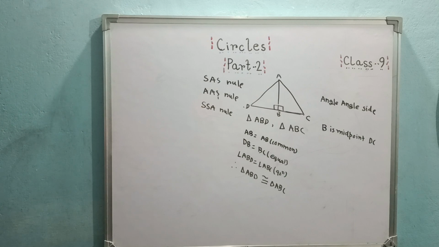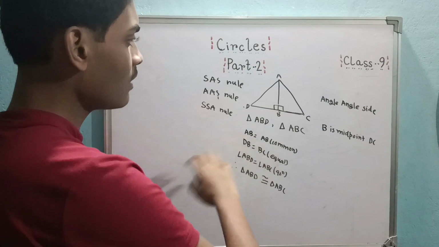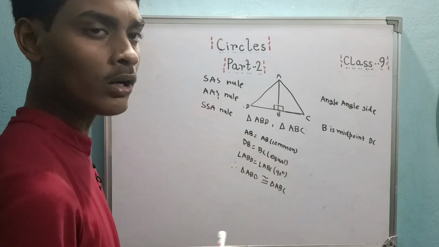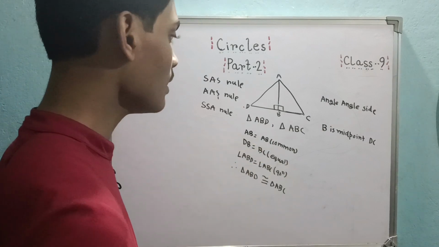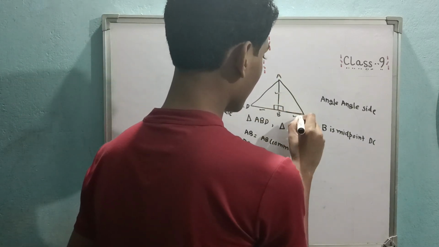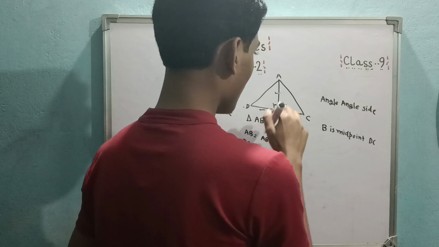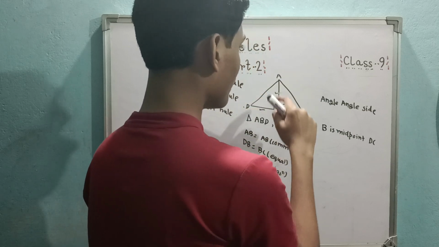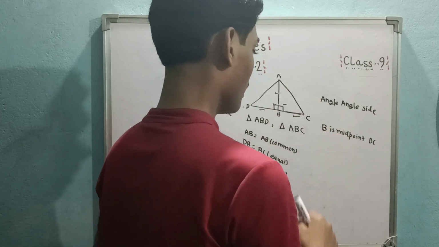And one more thing, if you have proved that any triangle is equal to the other triangle, so see here, we have here AB is equal to AB, DB equal to DC, and these two angles are equal. But we are not mentioning that AD equal to AC. That's the rule.